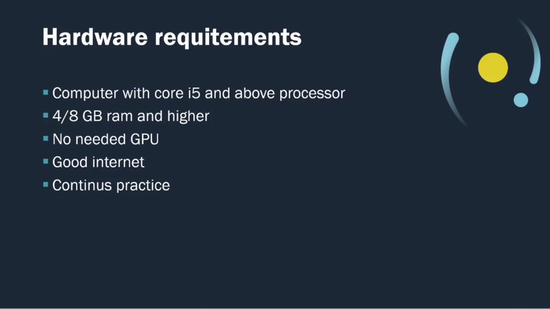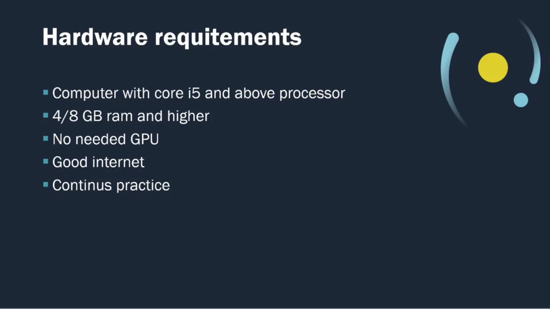The requirements for this course are simply hardware and software requirements. The hardware requirements for the computer are a Core i5 and above processor, or maybe an AMD or any advanced processor. For the RAM, the random access memory, 4 GB and above is good for developing this Flutter project.